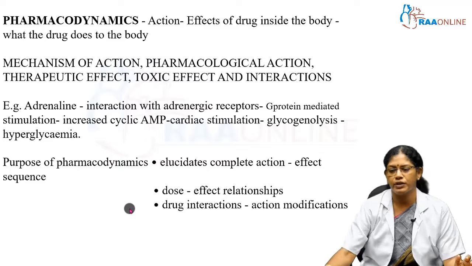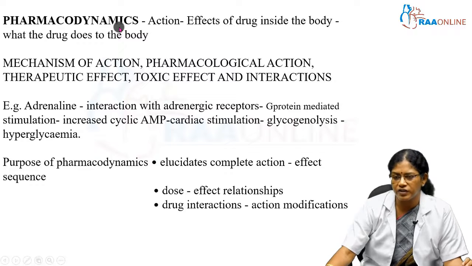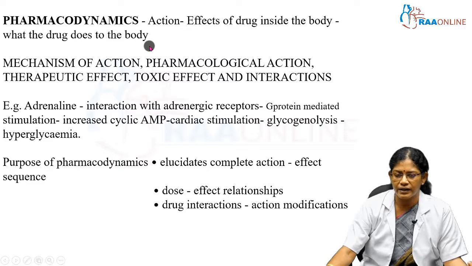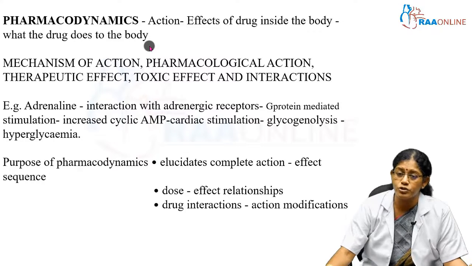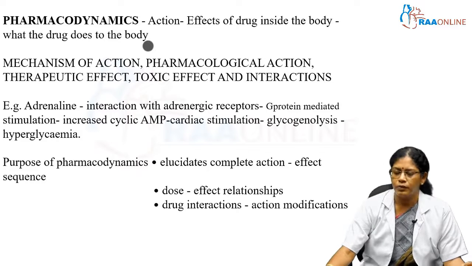The second one is pharmacodynamics. Dynamics, as the name indicates, is the action or effects of the drug inside the body. What the drug does to the body. Kinetics is what the body does to the drug. What happens to the drug, we have studied under kinetics. In dynamics, what will happen to the body because of this drug? Mechanism of action.